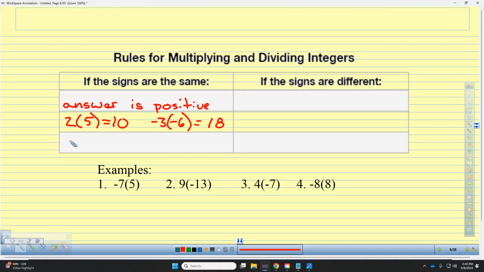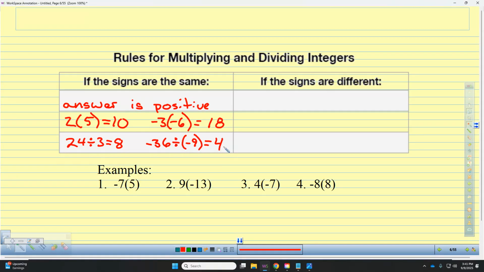Works the same for division. If I have 24 divided by 3, our answer is 8. And if I have a negative 36 divided by a negative 9, our answer is 4.